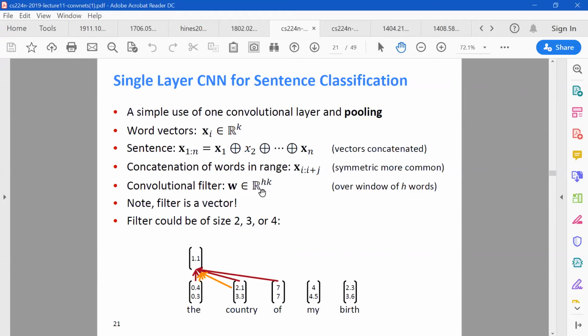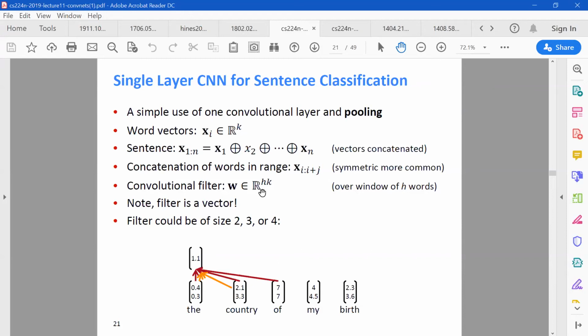If you concatenate horizontally, for example, then you also have flattened the filter horizontally into a single dimension of hk. So the first k is like taking a slice for the length of the word vector, then the second flattened part of the filter, the second of the h dimension, is applied to the next k set of word vectors, and the third, and so on.